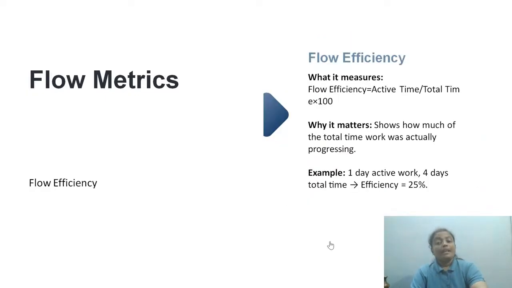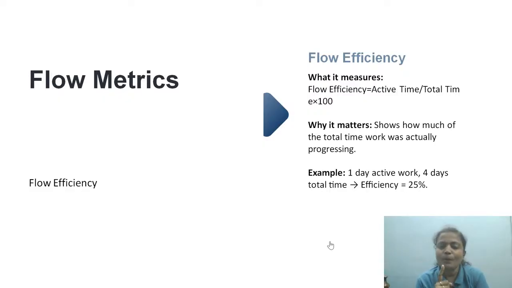Next one, flow efficiency. How efficient is the system? That's always an interesting thing to understand. Active time divided by total time multiplied by 100. What exactly does it tell? How much of the total time work was actually progressing.